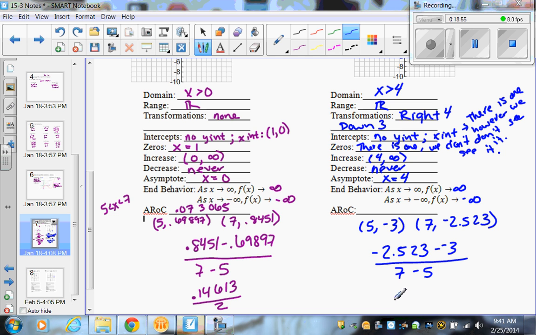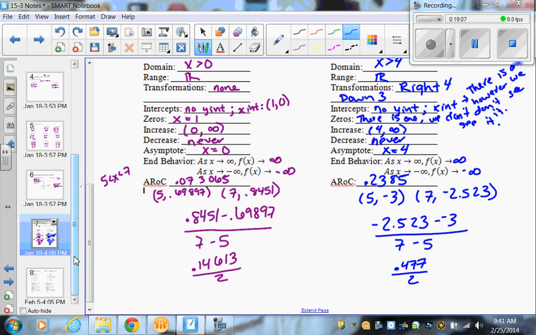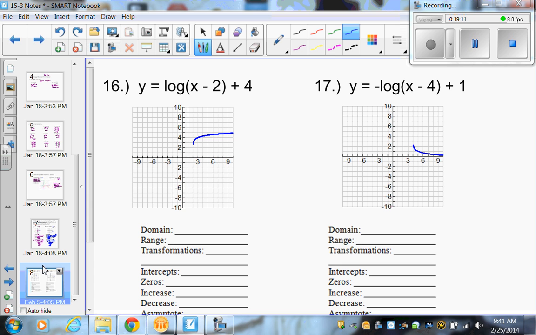This gives me 0.477 divided by 2, which gives me 0.2385. Two more of these.